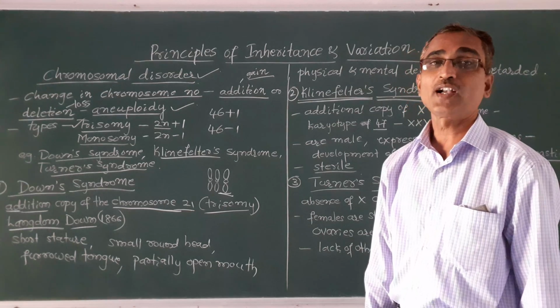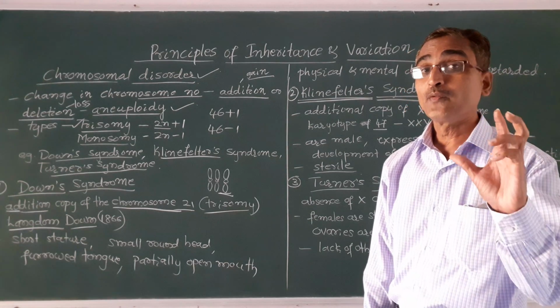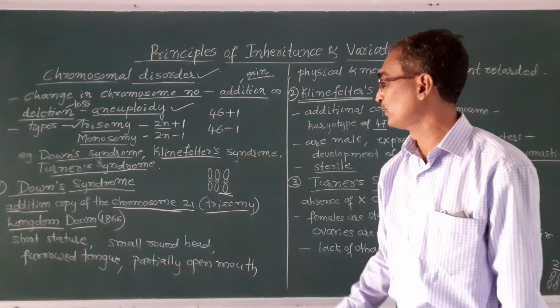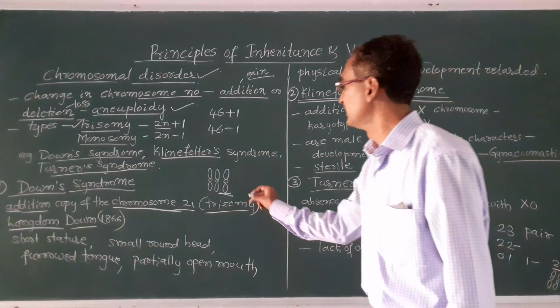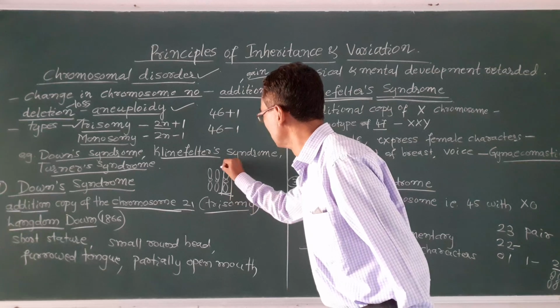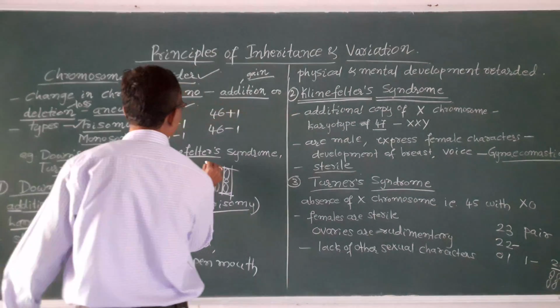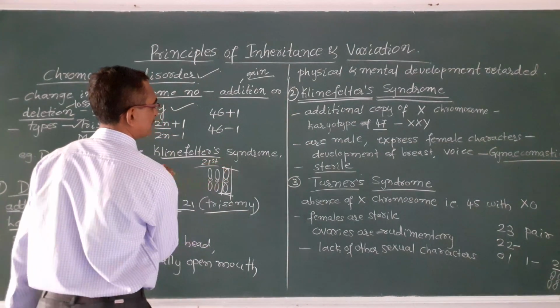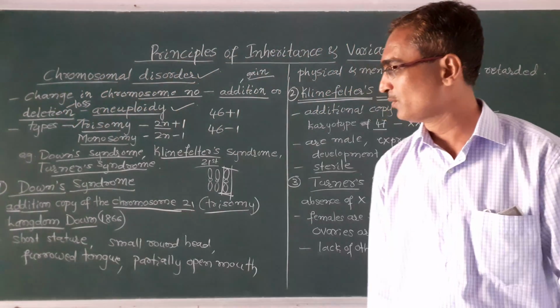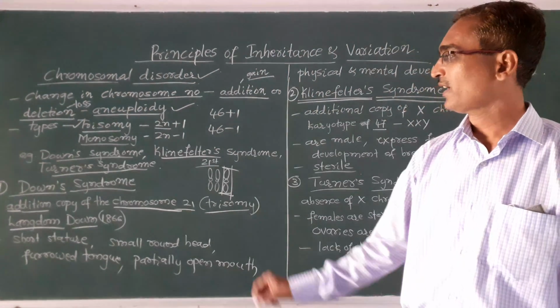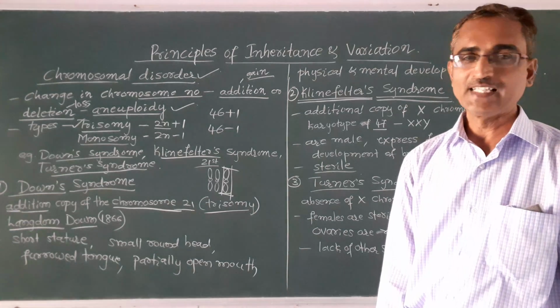Here one chromosome is added on the 21st chromosome, and that results in Down syndrome, first noticed by Langdon Down in the year 1866.